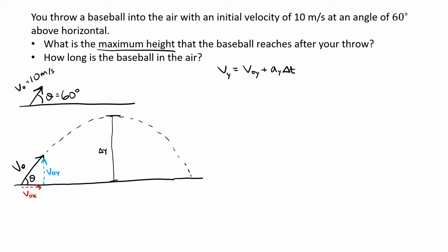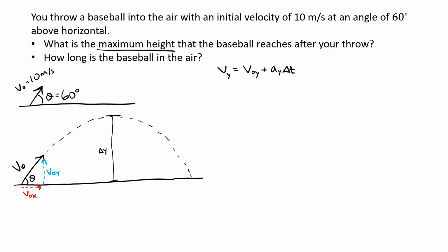But now we see why we need to split this initial velocity that we're given. We see why we need to split it up into its components. We have to find this initial vertical velocity right here. So how can we find that?